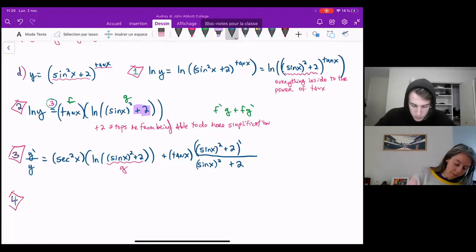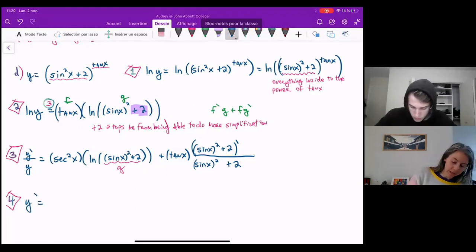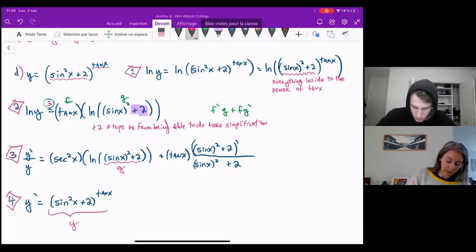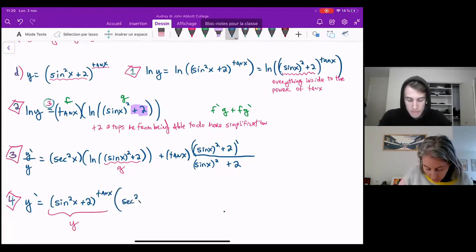So now I'll have y prime is equal to sine squared x plus 2 to the power of tangent x. Remember, that's our y. We don't write y. We write the original function times secant squared x ln of sine squared x plus 2 plus tangent x.